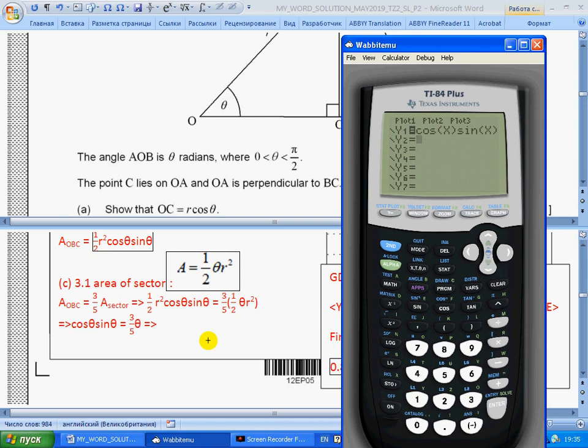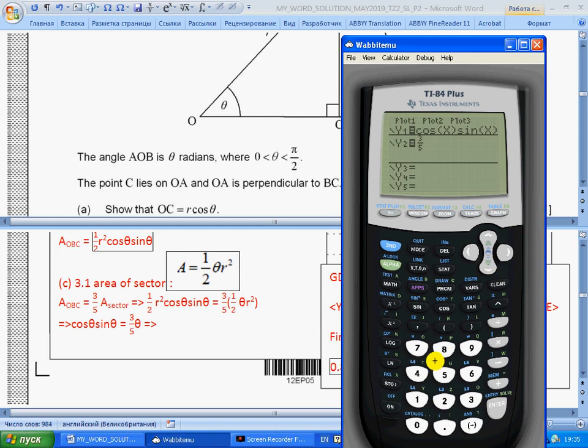Another function is 3/5, for example. Alpha, y equals. So we can use brackets, enter, fraction form. In fraction form, we have 3/5.